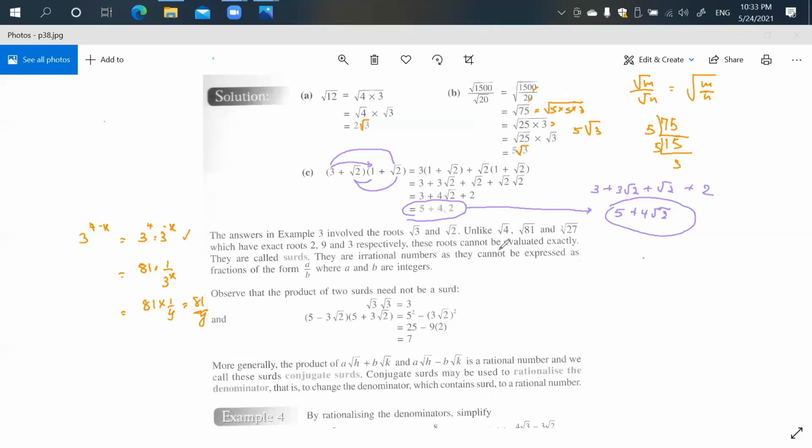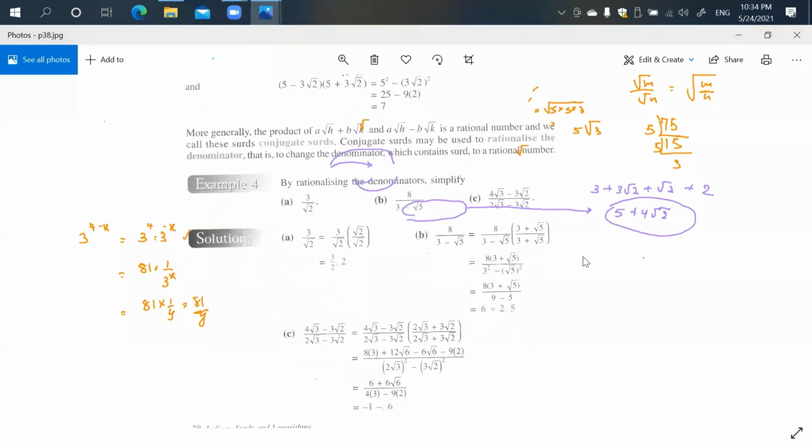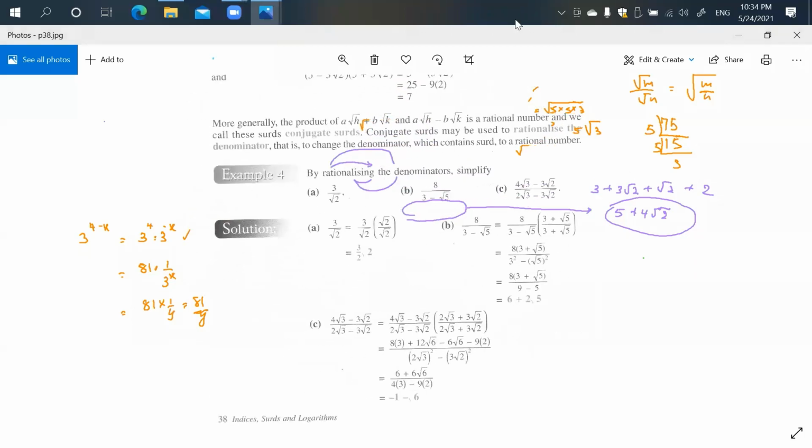Okay, now let's see what we have down here. Example. Yeah, we have more examples. Let's move up, up here. Okay, so now let's erase the one before.